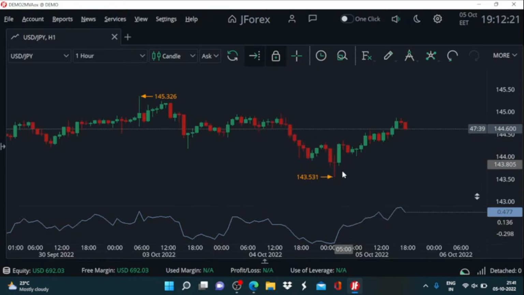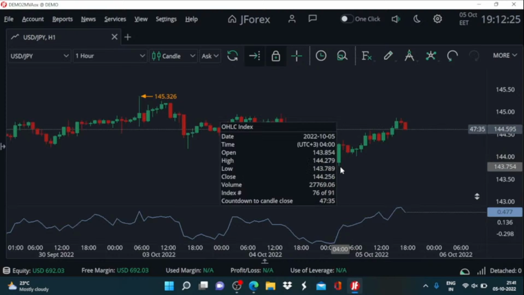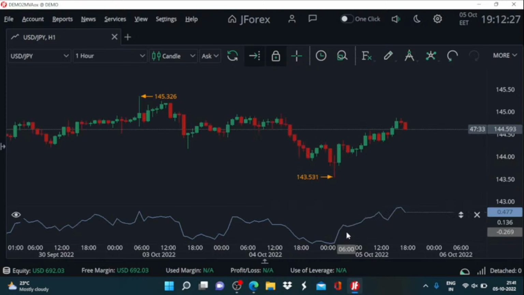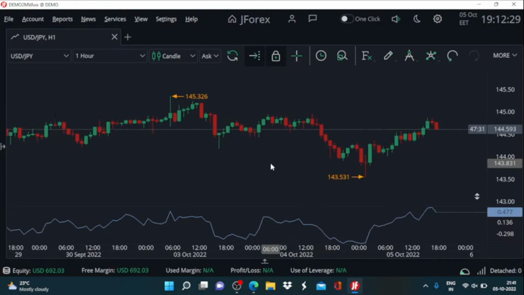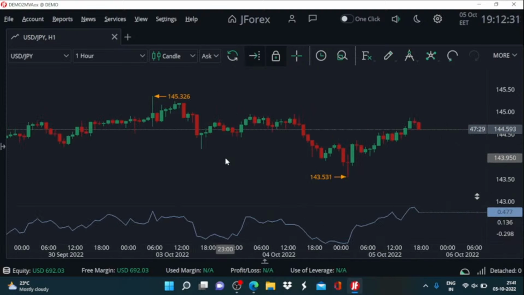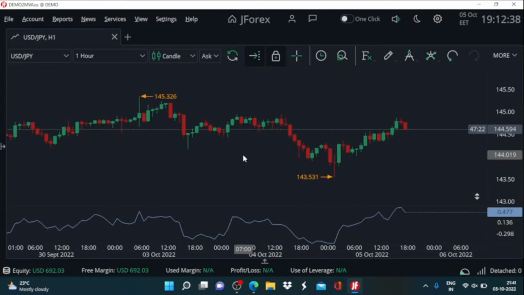But its low price is not going to vary much, and as a result, whenever the shift happens on the lower side, it will be slower to respond.